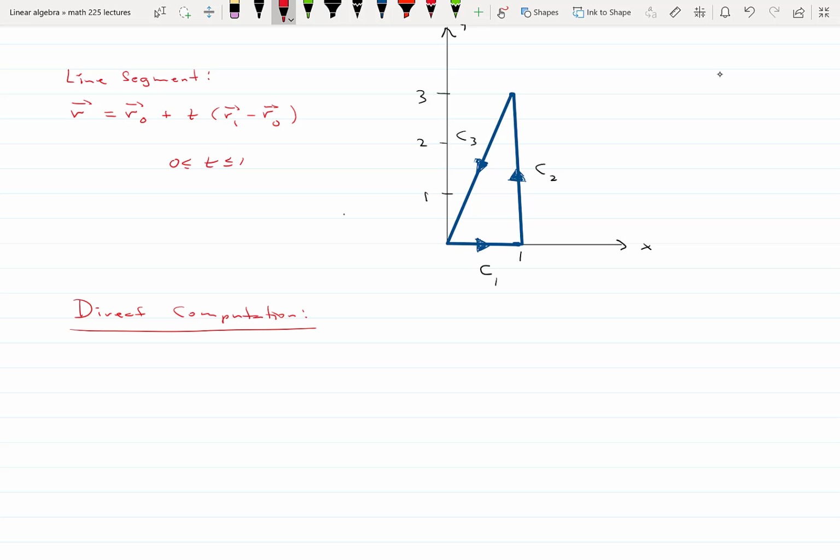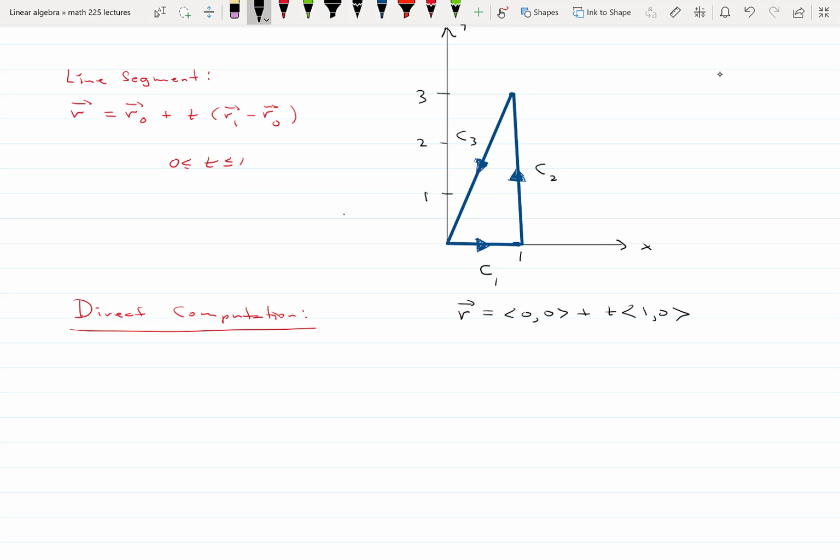So let's take a look at C1. For C1, we can view R naught being the origin plus T times R1, which can be viewed as the vector 1, 0, or i, so it's 1, 0 minus 0, 0, or T times 1, 0.